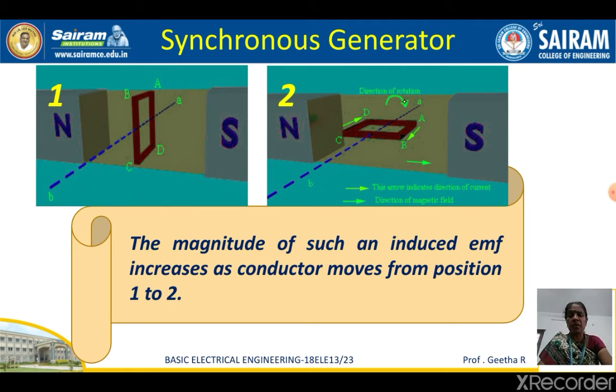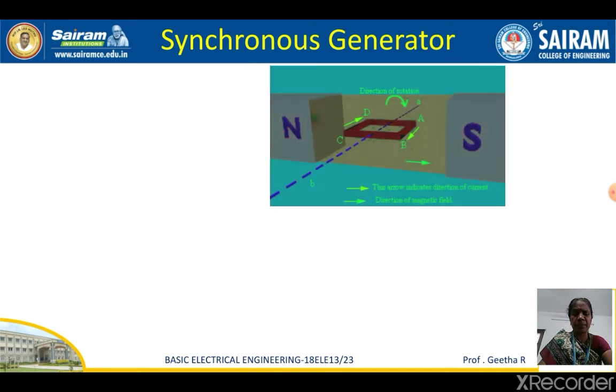In position 1, there will be no change in the flux. Since the velocity component is parallel to the flux lines, there is no cutting of flux, so there is no change in the flux. As it starts moving, the change in the flux increases. Accordingly, the magnitude of the EMF also increases.